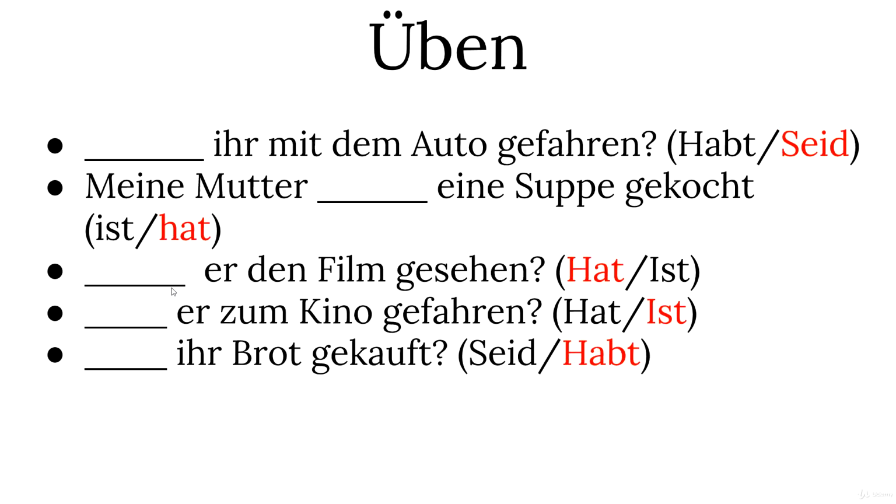Meine Mutter hat eine Suppe gekocht. My mother cooked a soup. Gekocht, to cook, comes from the verb kochen. There isn't movement or an obvious movement. Therefore you say hat.